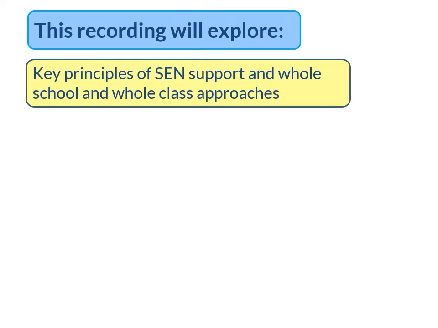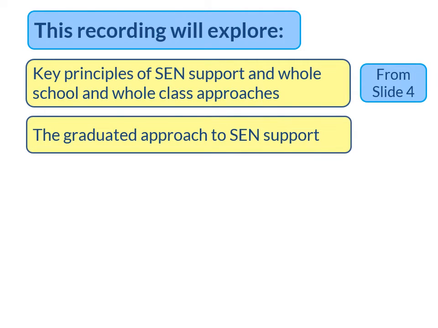This recording will explore some key principles of SEN support, including whole school and whole class approaches from slide 4. I'm going to explain what's known as the graduated approach or the graduated cycle of SEN support and how you and your child are involved from slide 11.